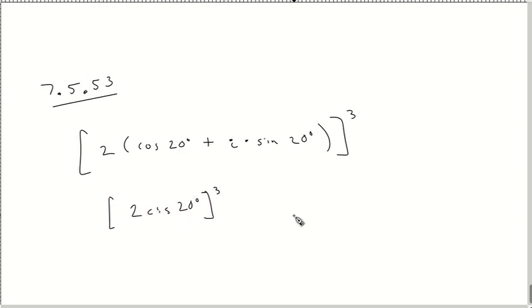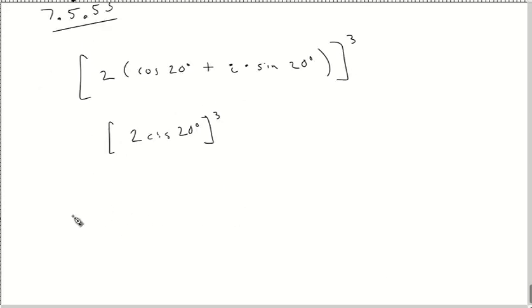Now you can go and do the multiply things if you like. But this is that de Moivre's theorem stuff, and it's super cool. R CIS theta all to the n power is equal to R to the n, because it's kind of like you're distributing it, CIS of n times theta.